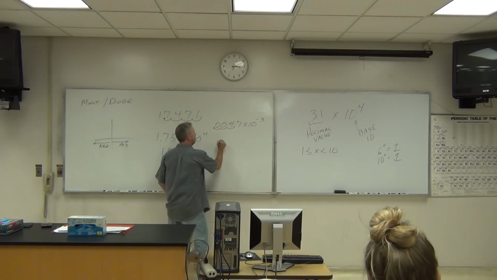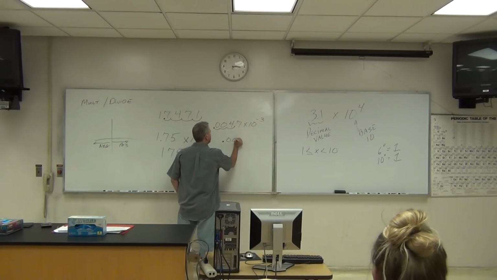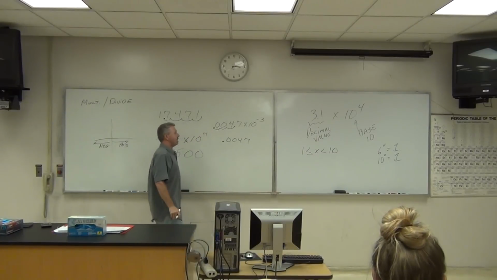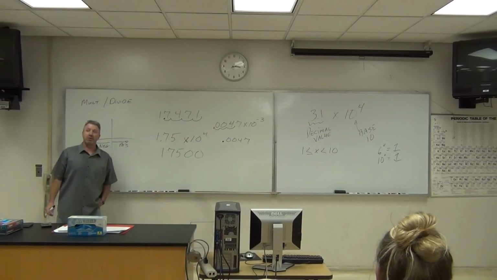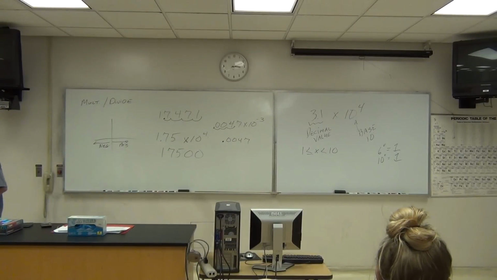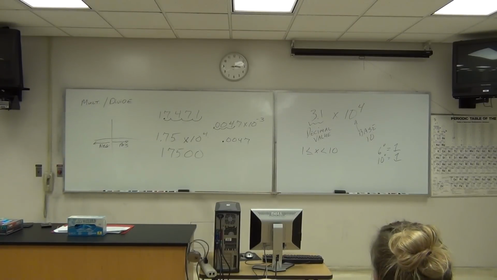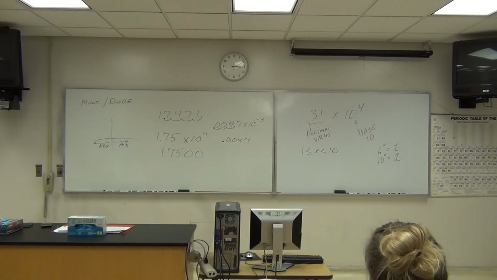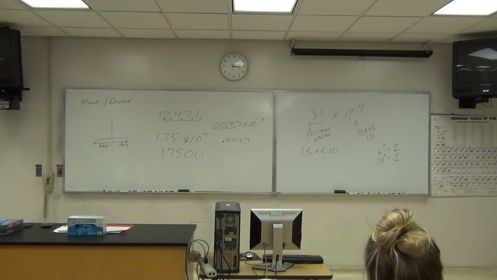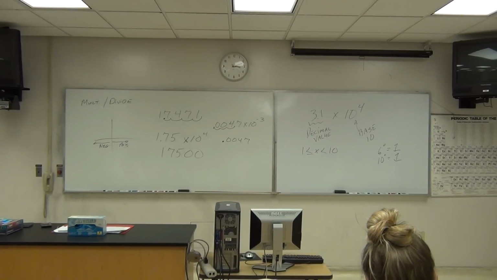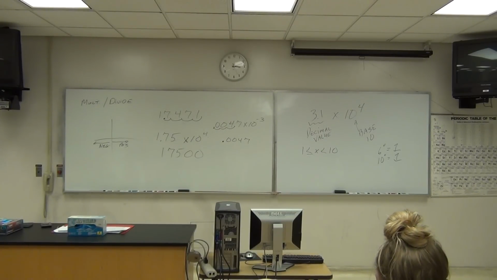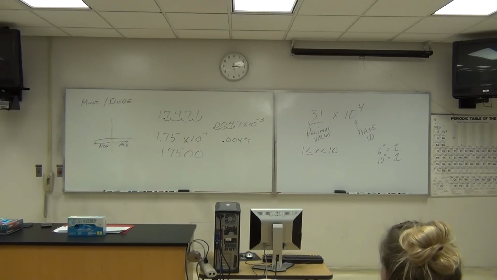Now in this case, we do require the decimal, but it still doesn't change the number of significant digits. It's 2 in both cases. Everybody see that?